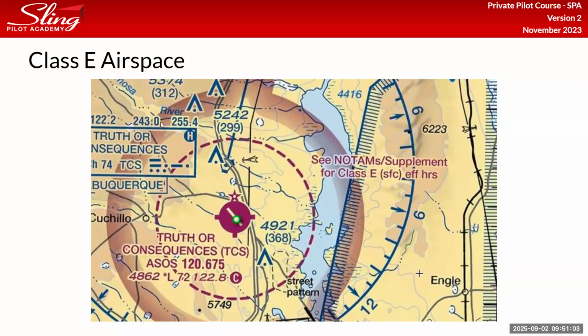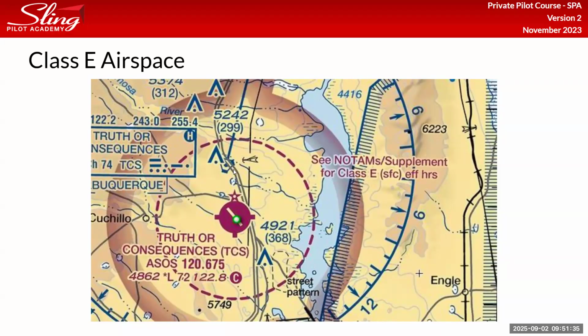But right outside that circle, but still inside this vignette, like right here, on the lake right here, all this is Golf at the surface up until what? When does Echo start right here? 700, right? Then out here, what's at the surface? Golf. To what altitude? 1,200. Is this sort of making sense?